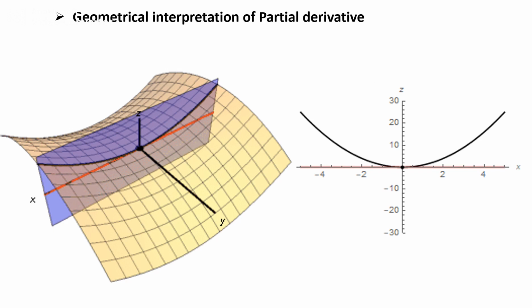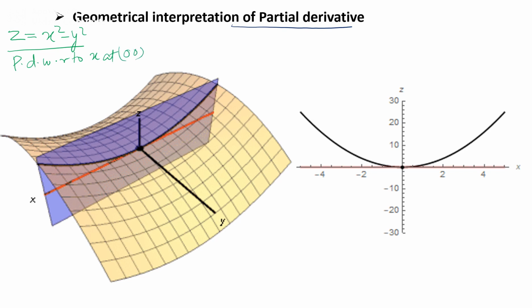Now the geometrical interpretation of a partial derivative. Suppose we have a function z is equal to x square minus y square. Here, if we want to take the partial derivative of that function with respect to x at a point, suppose the origin, that is (0, 0).